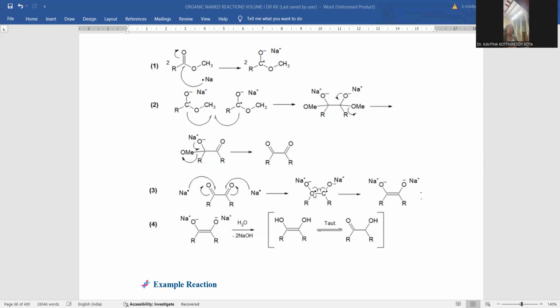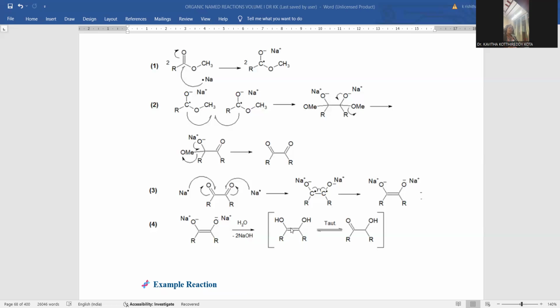Simultaneously, two carbon radicals are able to form a new pi bond in between, and you can notice there are still the O minus charges on the carbon atoms. The O minus charges are protonated under aqueous conditions, so that you gain OH, and here also OH will be generated. That is vicinal dihydroxy olefin formation.